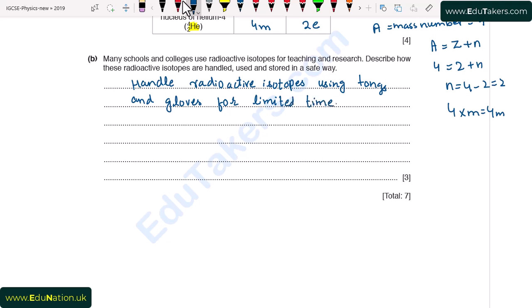And the second thing is that we store these in a lead container.